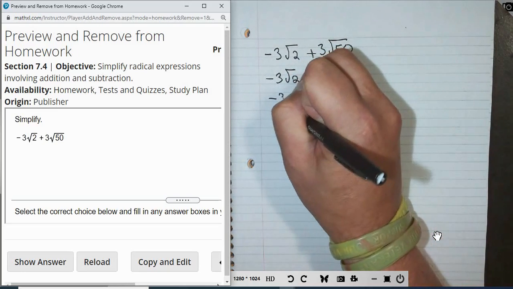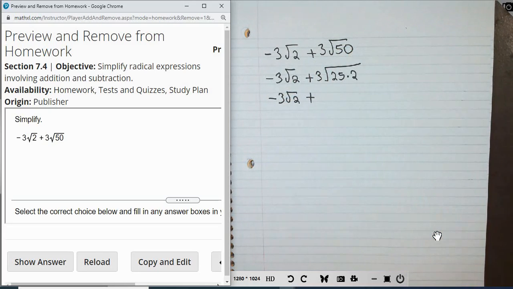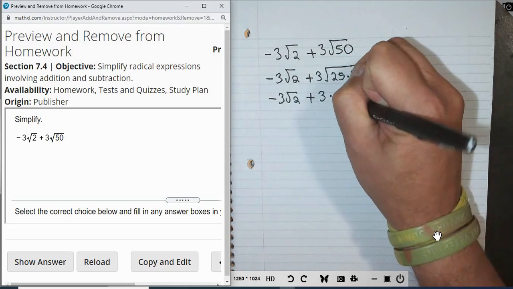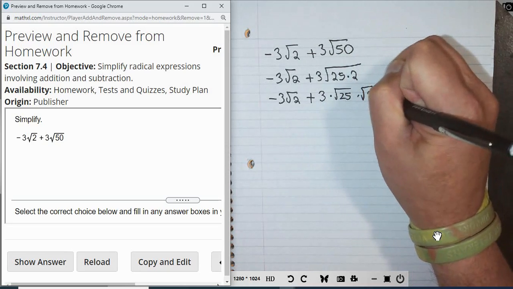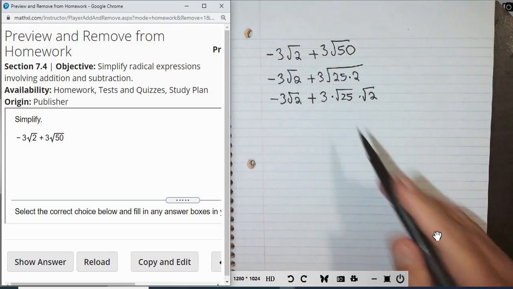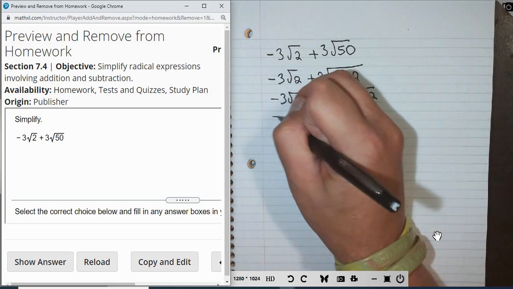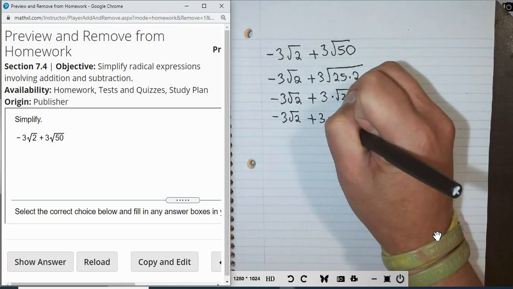So we'll continue on with our next line in this situation. And I'm going to include an extra step here just to emphasize the point. What we have there is 3 times the square root of 25 times the square root of 2. I product-ruled that situation right there, right? So that brings us to our next line here: negative 3 square roots of 2 plus 3 times 5.